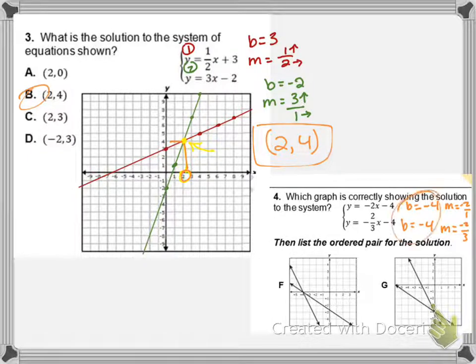If you notice, they start at the same point, -4. But the difference is that one has it at -4 on the x-axis, and the other has it on the y-axis. We know b is the y-intercept, so we're not looking at the x-intercept, we're looking at the y. So G is going to be our answer.